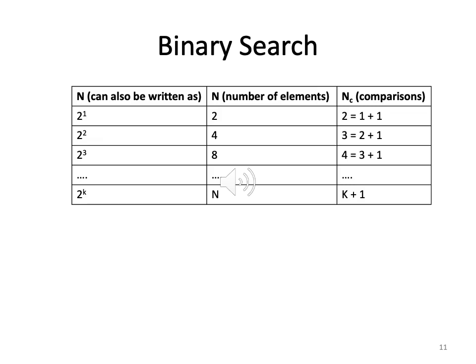So look at the first column that we have. We can also write n in terms of powers of 2. Right. So 2 is 2 to the power 1. 4 is 2 raised to power 2. 8 is 2 raised to power 3.